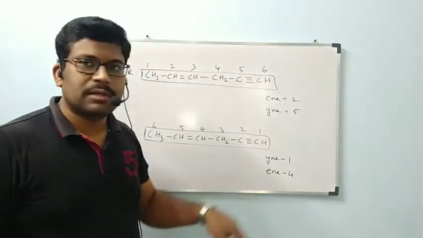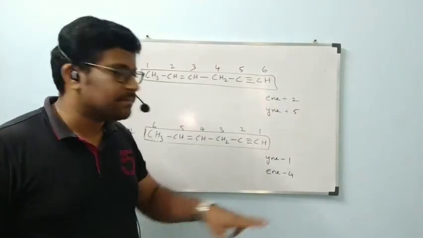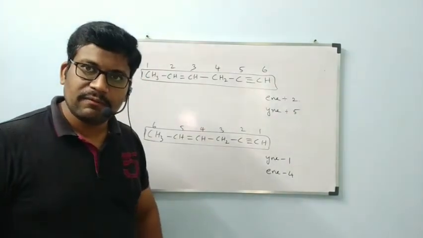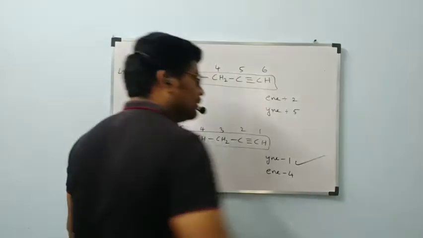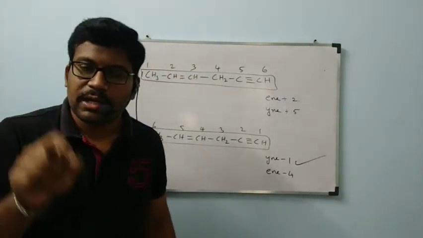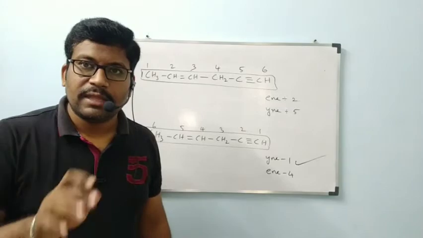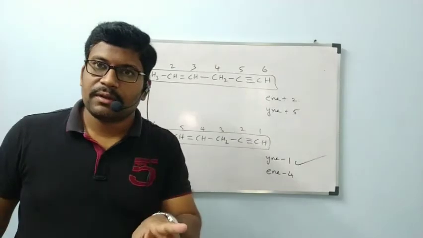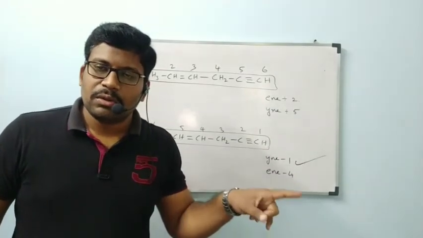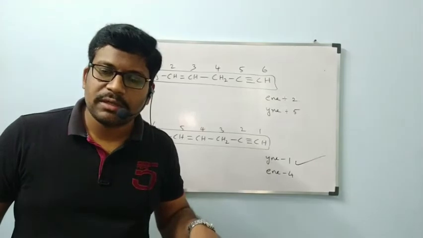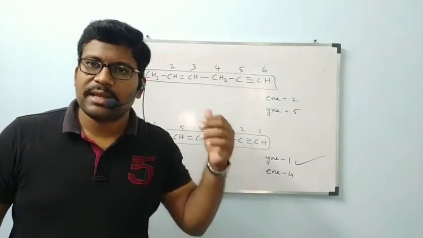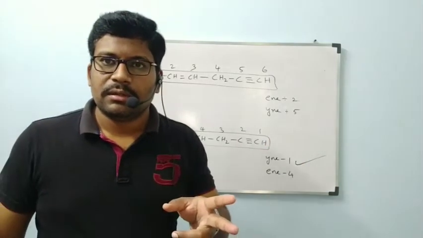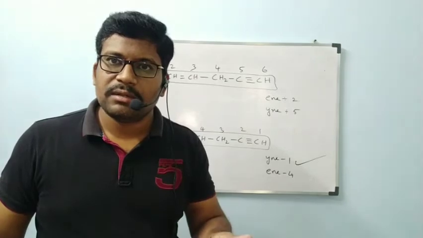Among these, observe the first number, which is the least number: 1. Among 2 and 1, the least number is 1. That is correct. Whether it is triple bond or double bond, both are same. When they have different positions, here 2, here 1, different positions only, no? Same as the previous one with two side chains at different positions, we have to select the least number.